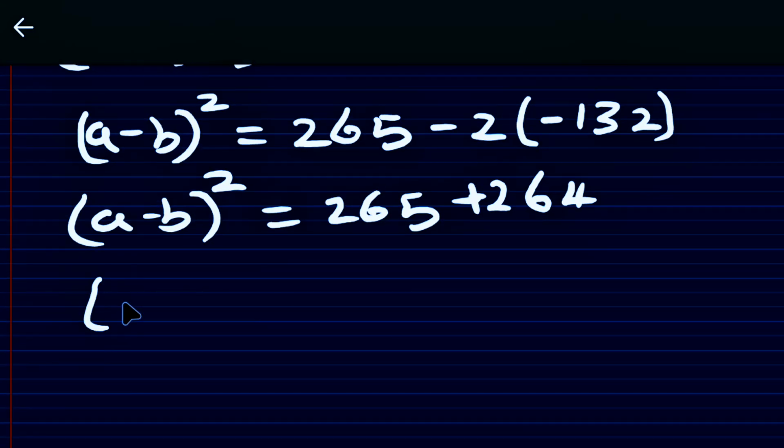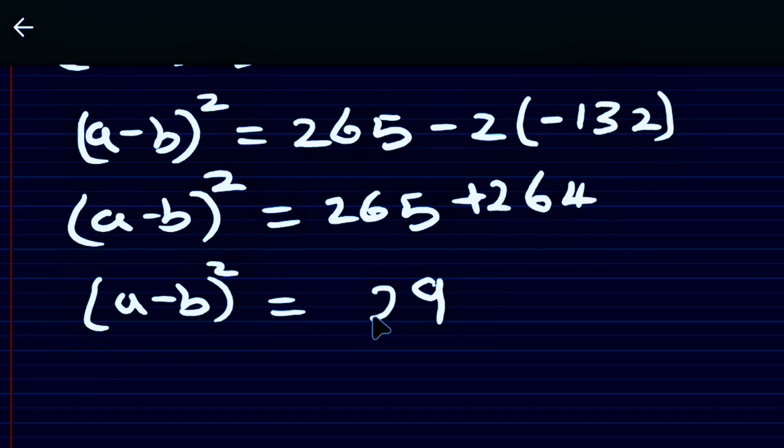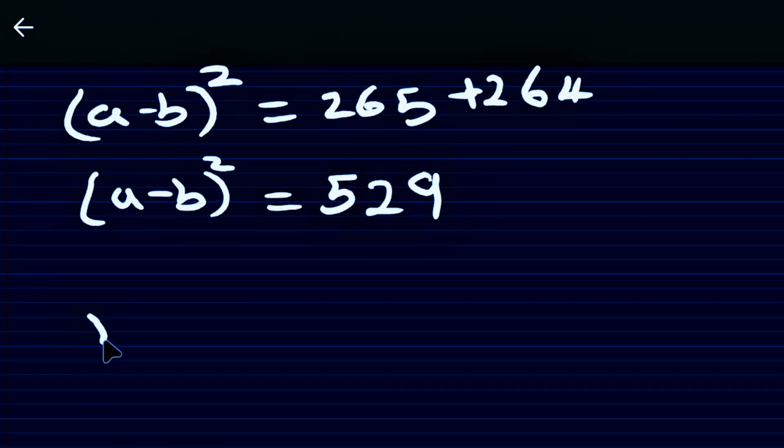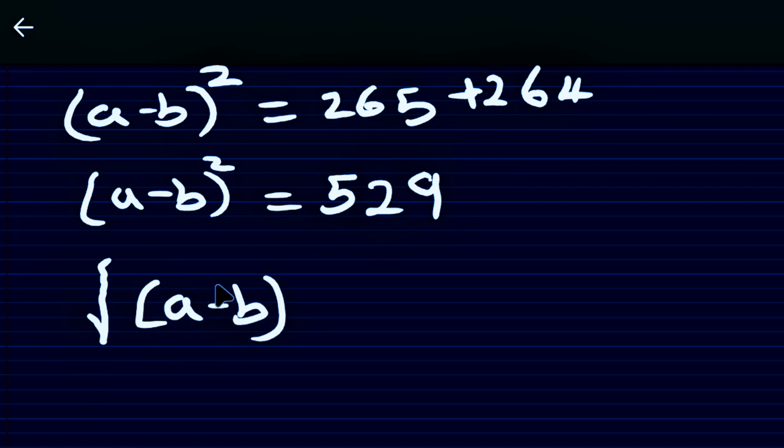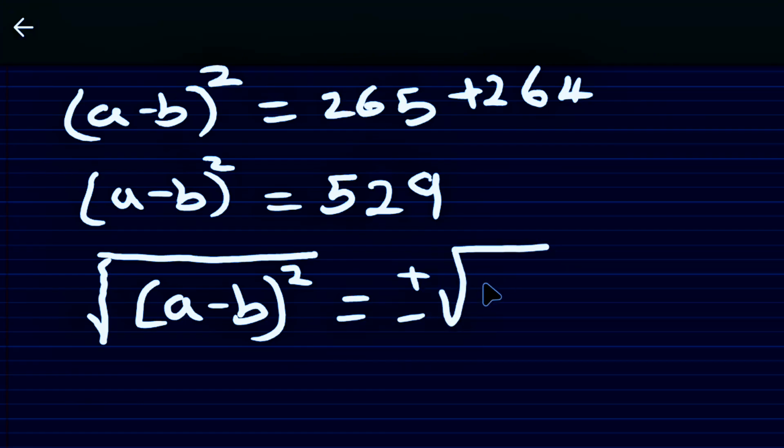So from here we have a minus b squared, and this equals, let's add it together, 4 plus 5 equals 9, 6 plus 6 is 12, we write 2 and take 1, 2 plus 2 is 4, plus that one is 5. So what we are going to do here is take the square root of both sides. We have a minus b squared, and we take the square root, and we are going to have plus or minus square root of 529.